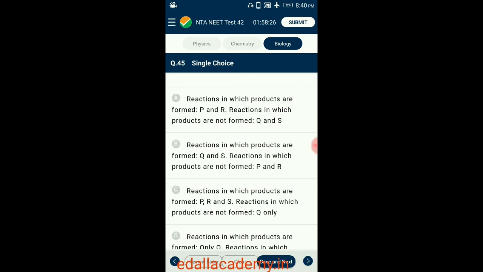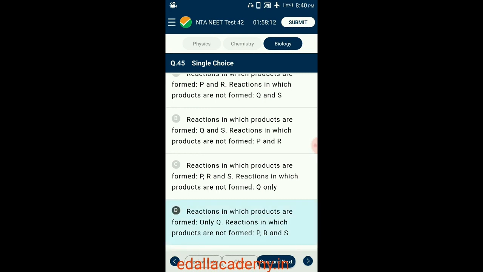When this heated enzyme is cooled down, the tertiary structure cannot be regained and it is still non-functional. Hence, reaction S will not occur too. So, the answer for this question is option D. A reaction in which products are formed: only Q. Reactions in which products are not formed: P, R and S. So, the correct option is D.